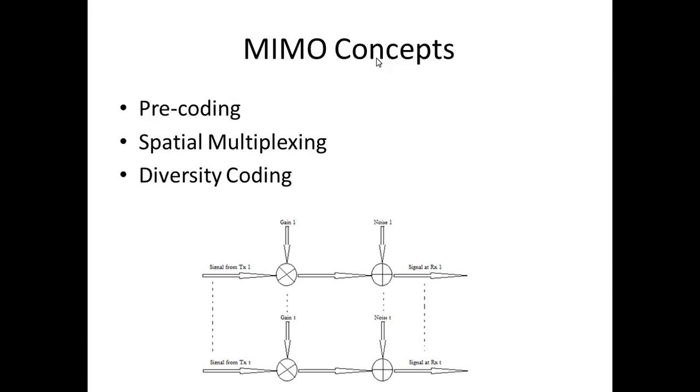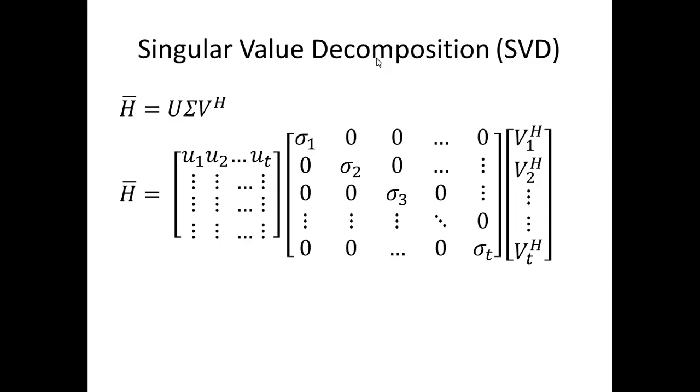MIMO concepts are based on three main points: precoding, spatial multiplexing, and diversity coding. Moving on, another important phenomenon in a MIMO system is the singular value decomposition, wherein the channel matrix is decomposed into singular values to attain certain feats.